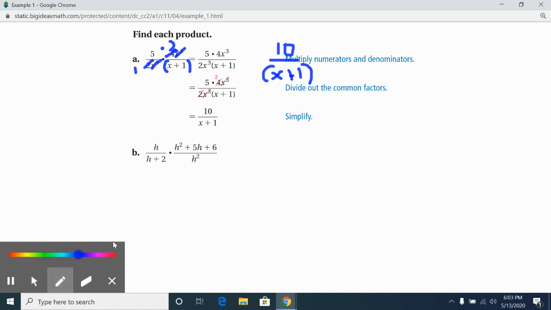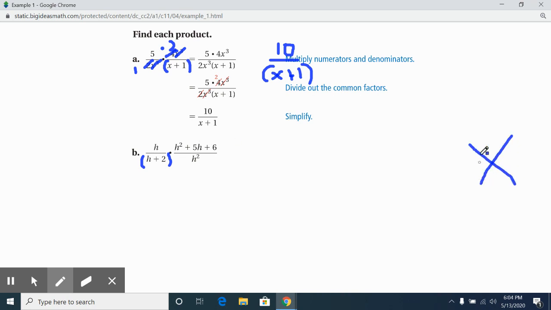Now, problem B. Again, I'm going to walk you through my thought process. The 1, that's in parentheses, I already know that. Secondly, can I factor any of these polynomials? Starting here, h is one term. No. H plus 2, there's no common factor. This h squared plus 5h plus 6, guess what I can do with that?